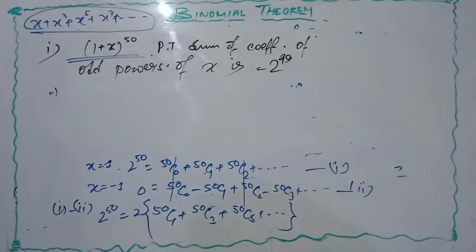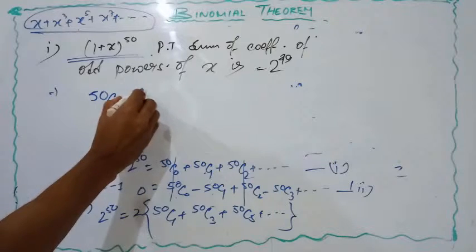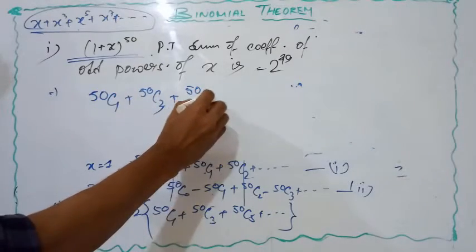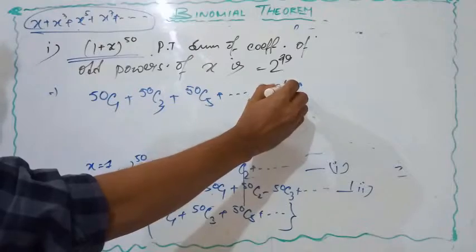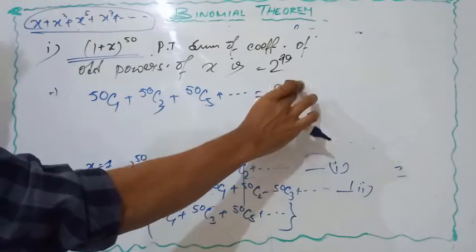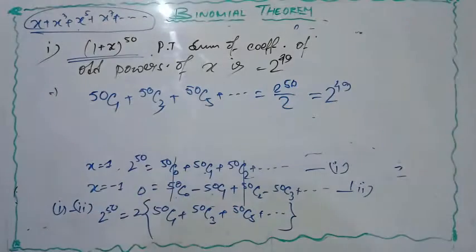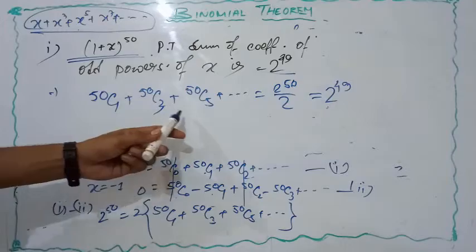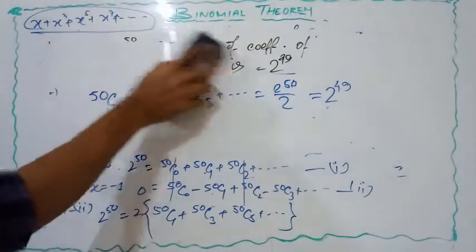So that is nothing but 50C1 plus 50C3 plus 50C5 plus and so on is equal to 2 to the power 50 by 2, that is 2 to the power 49. So this was what we are supposed to prove: the sum of coefficients of odd powers of x is equal to 2 to the power 49. So this is proved.